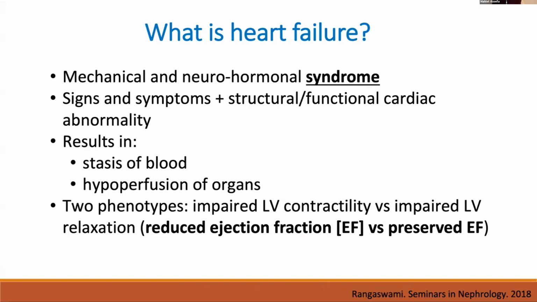We think about heart failure in two phenotypes, impaired contractility versus relaxation issues, so reduced versus preserved ejection fraction heart failure. I intentionally didn't put cutoff percentages because depending on which guideline you're reading, the percentages can fluctuate.